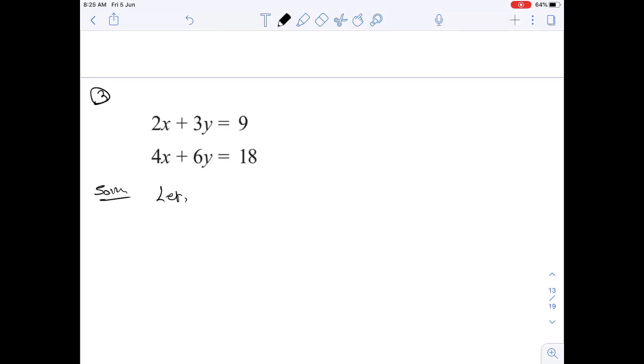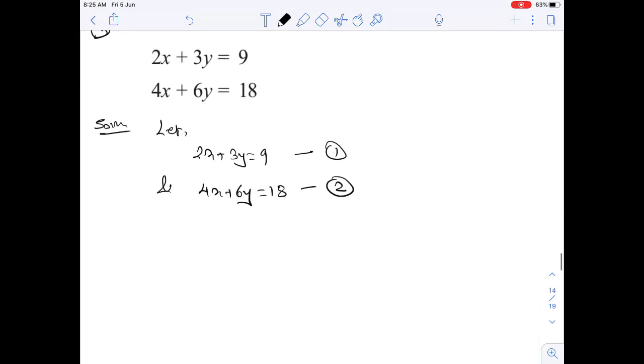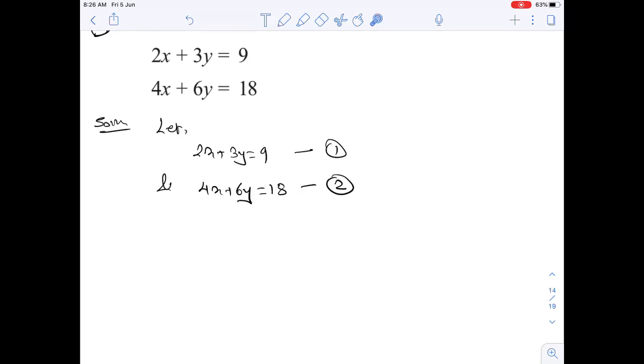So let 2x plus 3y equals 9 be equation number 1 and 4x plus 6y equals 18 be equation number 2. Now remember one thing, that first it is better to check whether we can write these numbers in the lowest form or not.